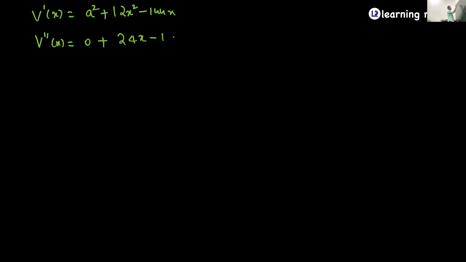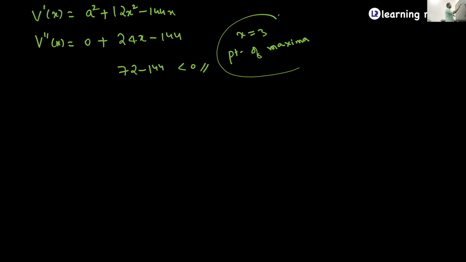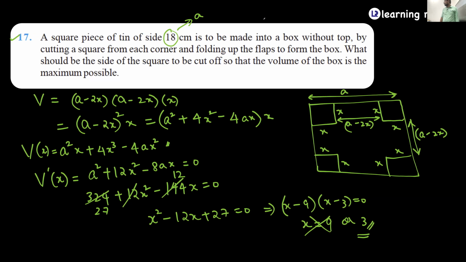What is the value of x we got? 3. So when you substitute 3, it will be 72 minus 144, less than 0. It will be minus 72 anyway, but it is less than 0. Hence, x equal to 3 will be the point of maxima, and that is what they have asked in the question. You need the maximum possible volume.